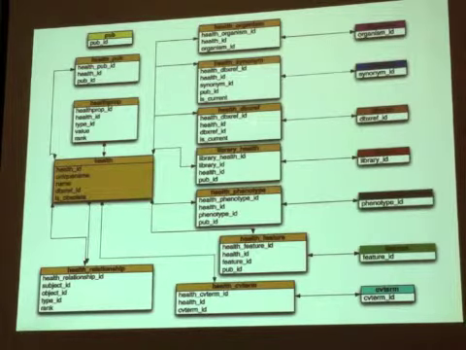Links to synonyms, DBXrefs, libraries, how we at FlyBase have been storing a lot of the metadata about data sets.